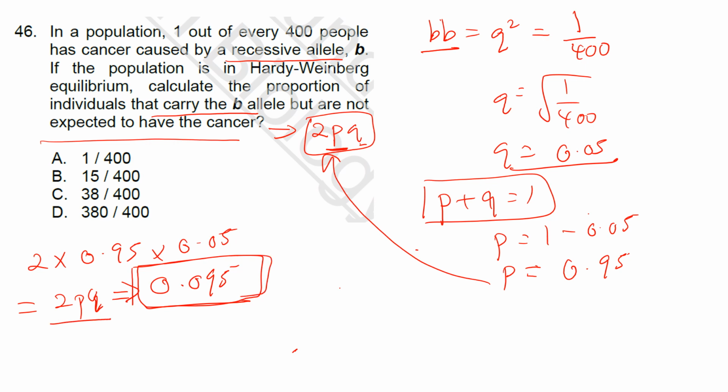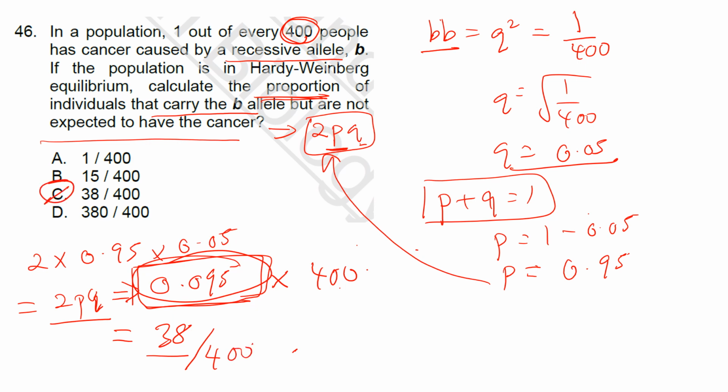The question asks you to calculate the proportion, so you have to know how many people are carriers. You multiply this frequency 0.095 by the total population, which is 400. So the answer will be 38 people are carriers, 38 out of 400. So the answer will be C.